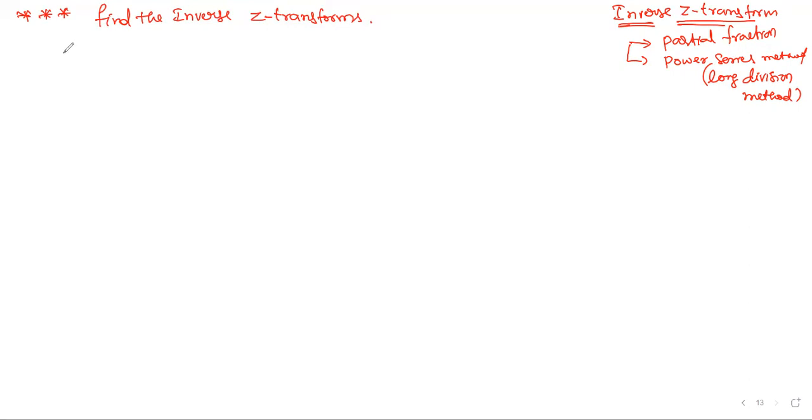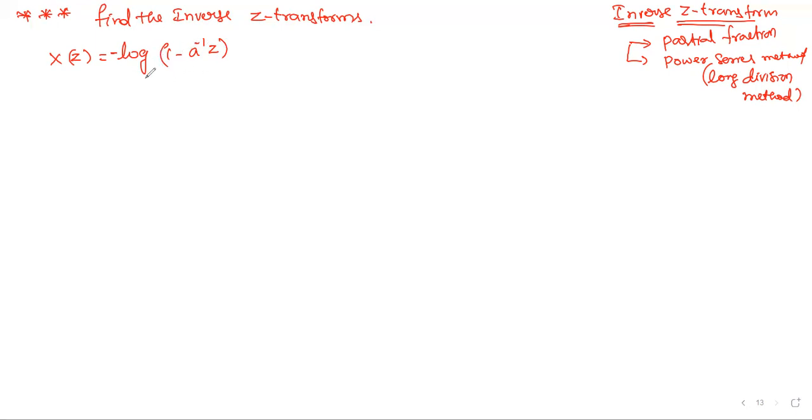So now find the inverse Z transform of X of z equals minus log of 1 minus a inverse z. Remember one thing, this is a special case.